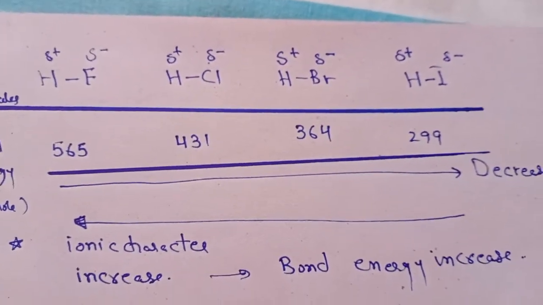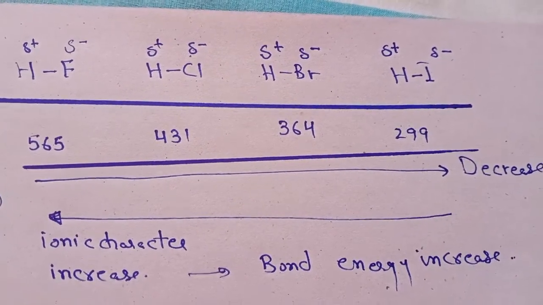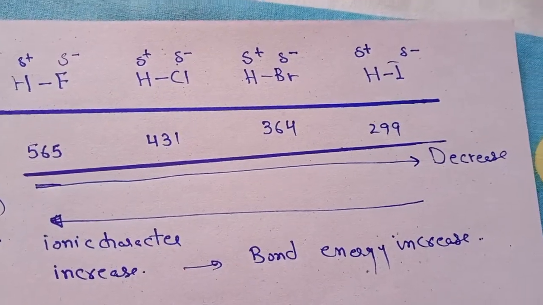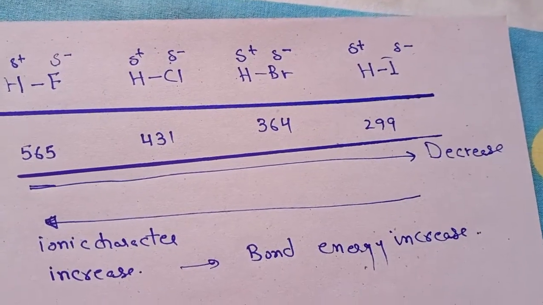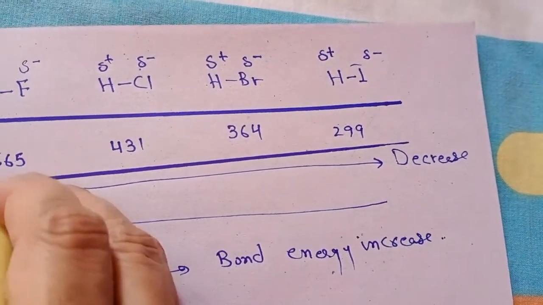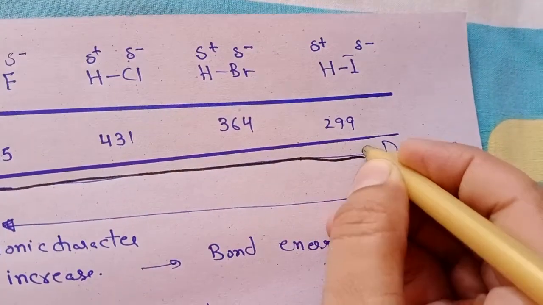What is happening here? The bond energy is continuously decreasing as we move from HF to HI. This arrow indicates the decrease in bond energy.